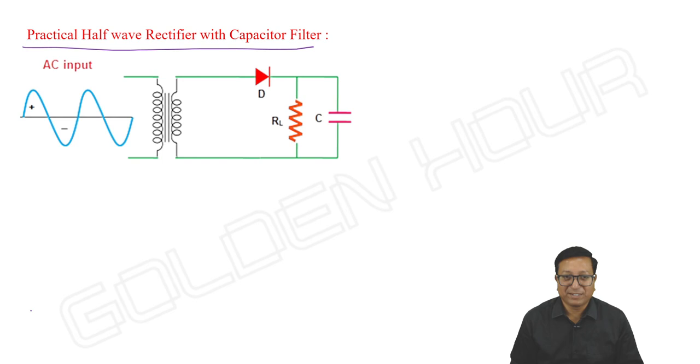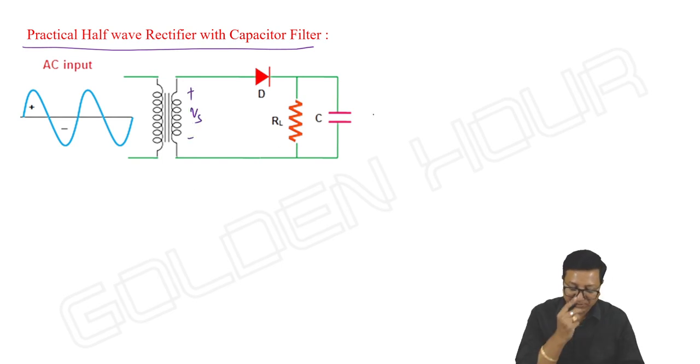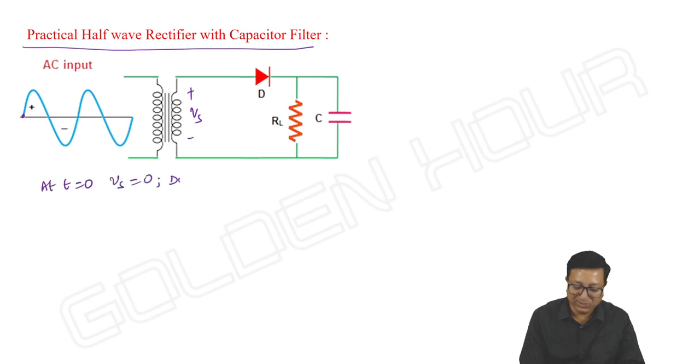So what is its working? Let us see. It is Vs, capacitor and resistor. Okay, as usual, when Vs is 0, at that time the diode is off. Assuming 0 initial conditions, the capacitor voltage is 0. Everything is fine. At t equal to 0, Vs is 0, diode is off.